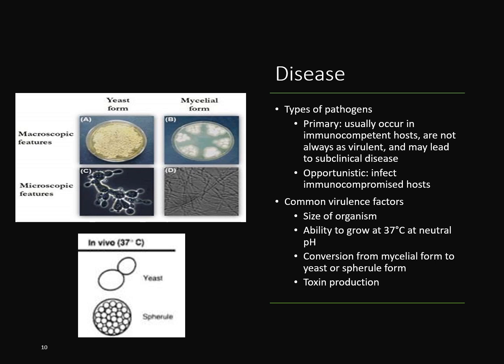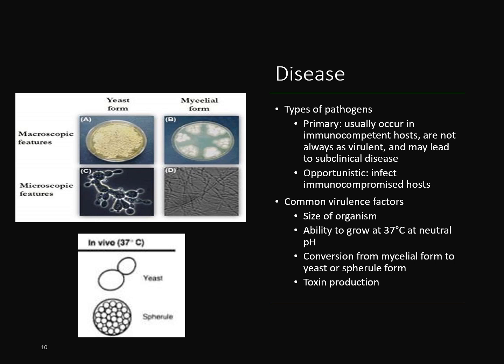So when we talk about a fungi being able to infect a host, it's all based on some of the common virulence factors that those fungi have. Now this can be the size of the organism, its ability to grow at body temperature with a neutral pH, its ability to convert from a mycelial form.